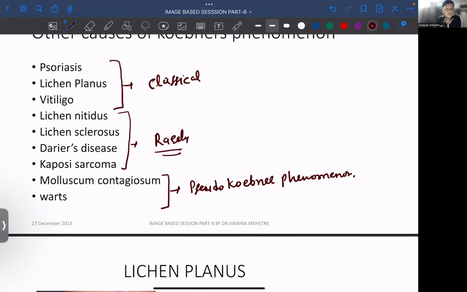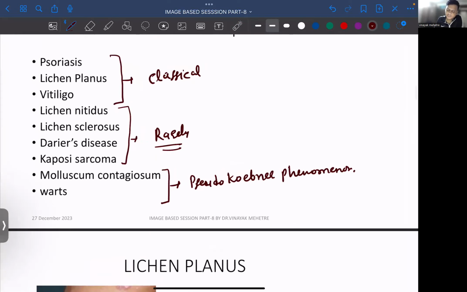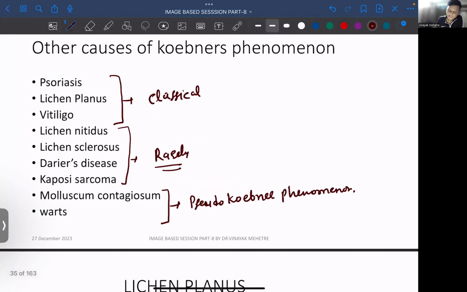Do you want to know how the question will be asked? You have come to solve questions, not to collect data. So first question: Koebner phenomenon is seen in all except. It is seen in all of them, but we have to choose the exception. What will be the answer?